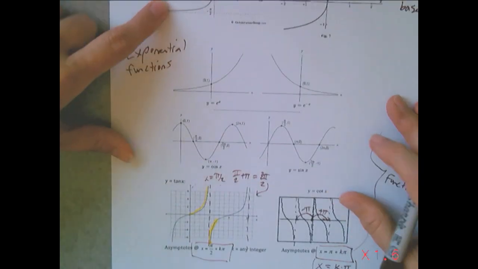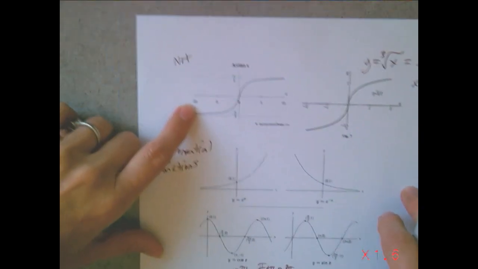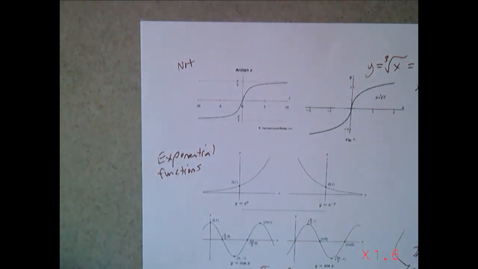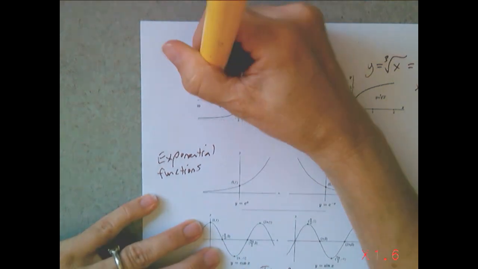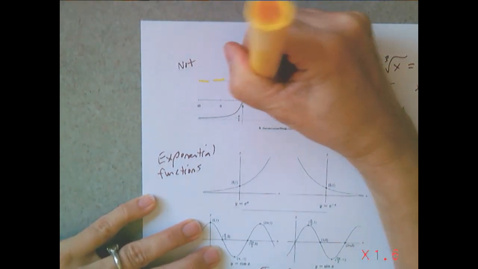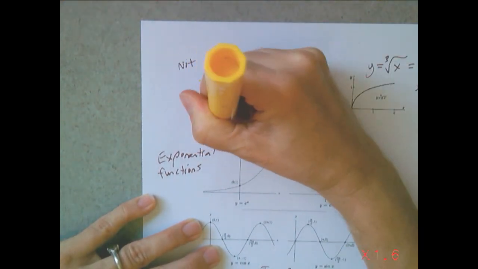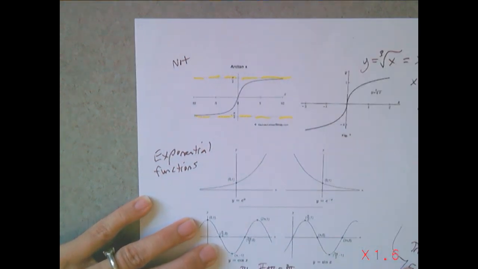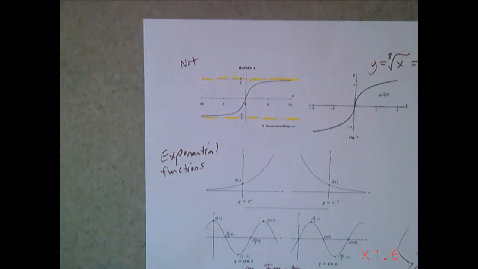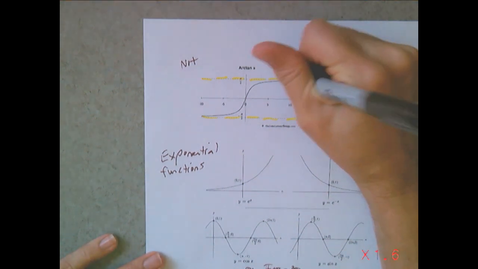Looking back, though, at arctan, let's go back here. Arctan has a horizontal asymptote. The curve approaches both horizontal lines here. It's bounded above and bounded below, and the curve approaches pi over 2.